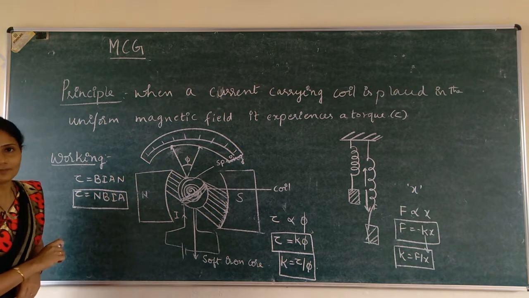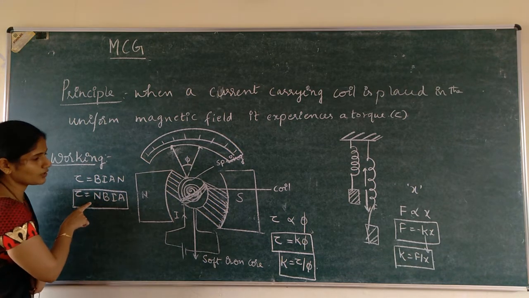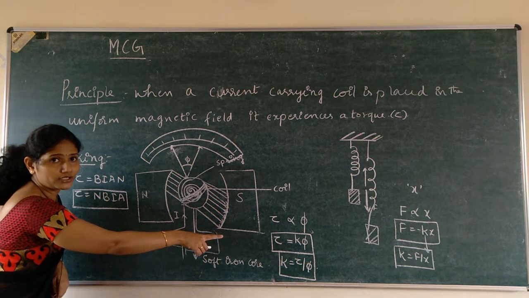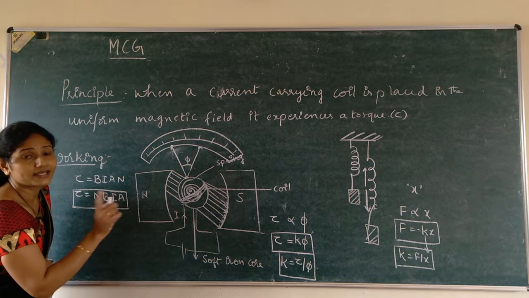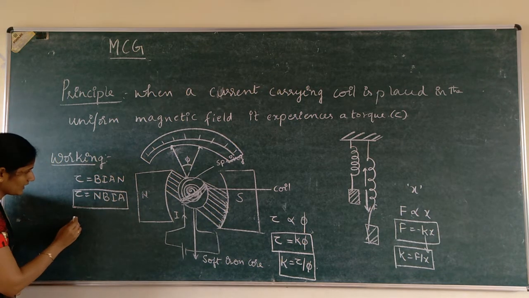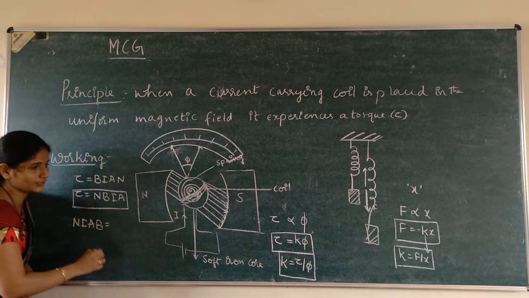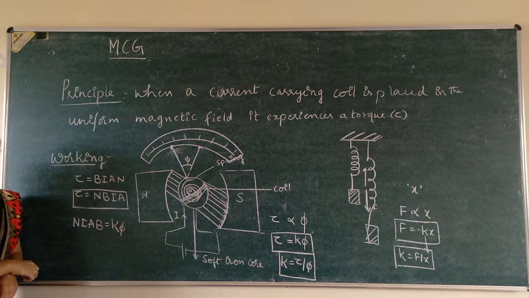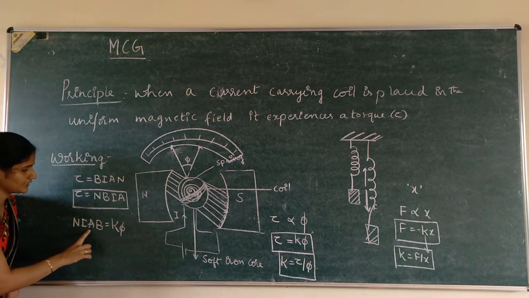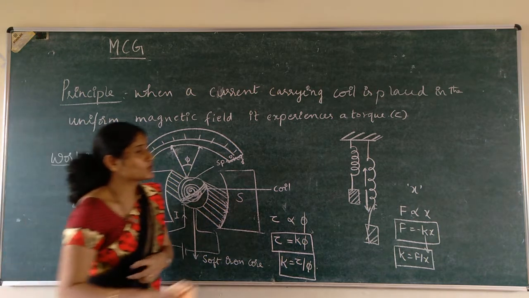In equilibrium, this torque and the torque given by the spring are both equal. In equilibrium, NIAB will be equal to K into phi. So, NIAB is equal to K phi. This is in equilibrium.